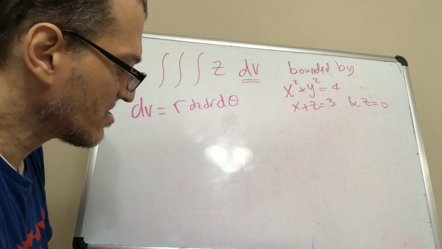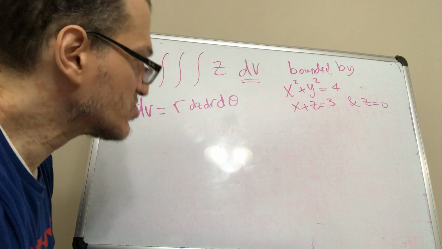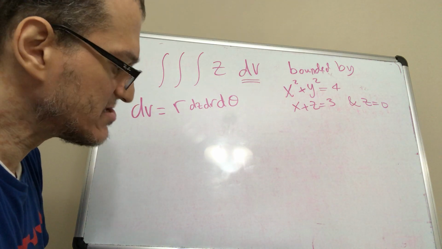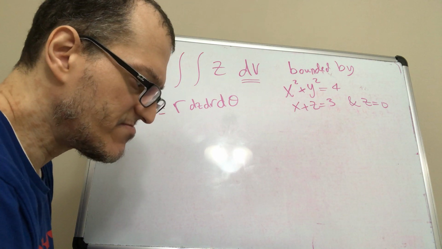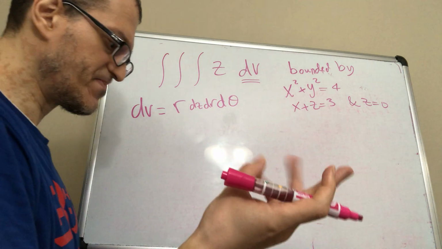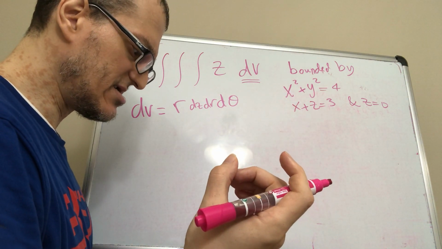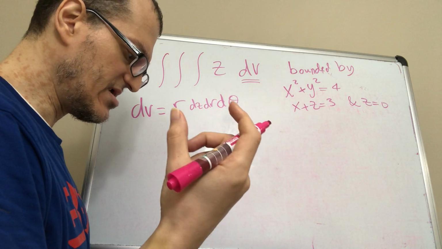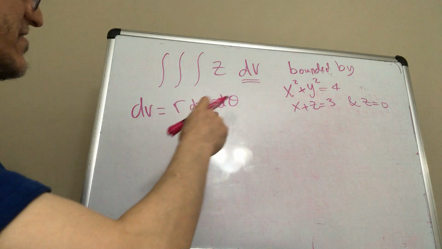Okay, so we need to integrate this, and we need to switch the limits. The limits involved here, we need r and we need theta.